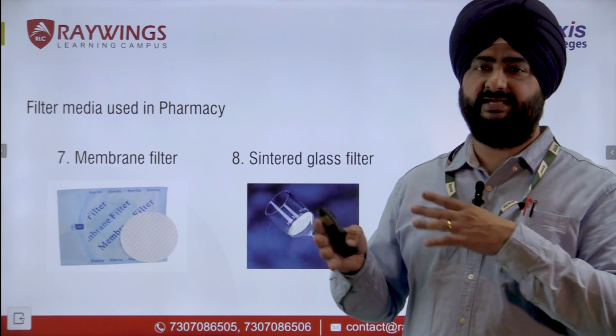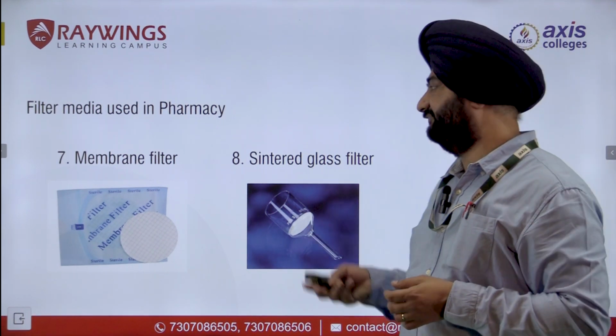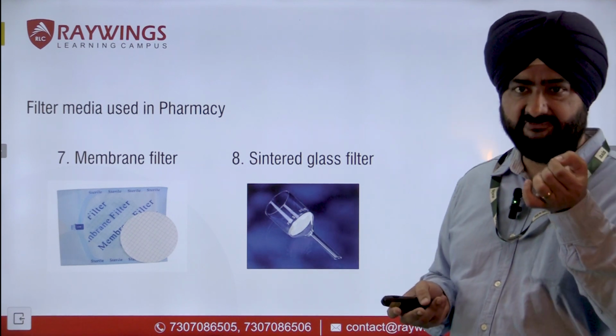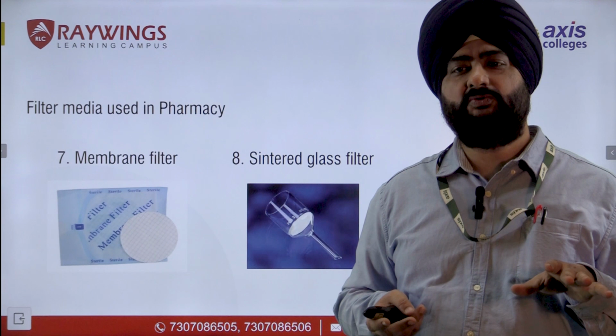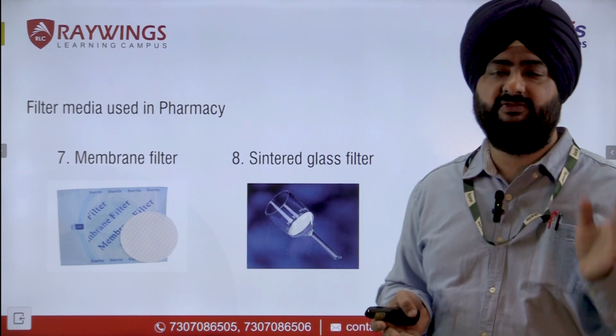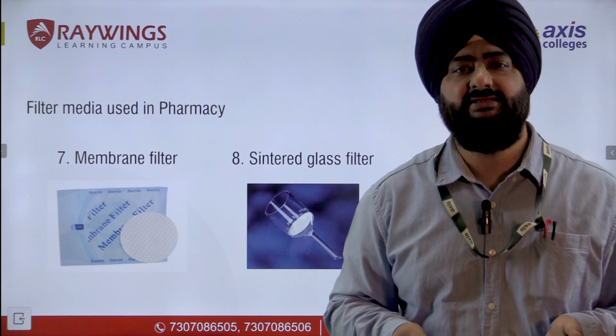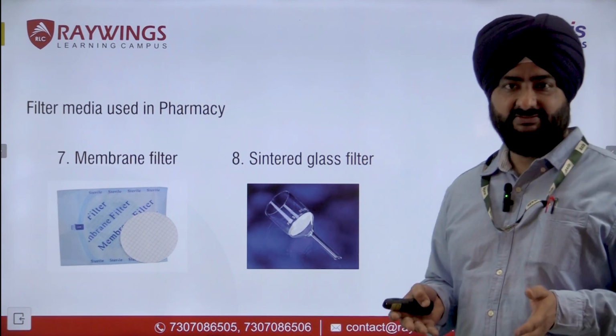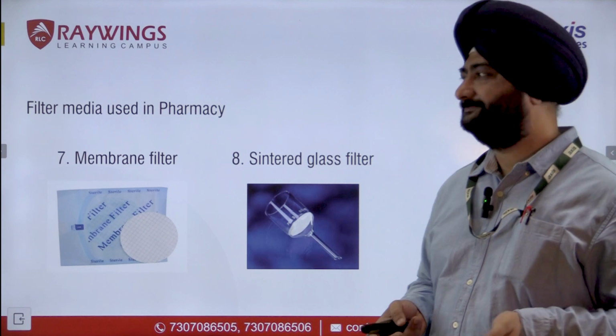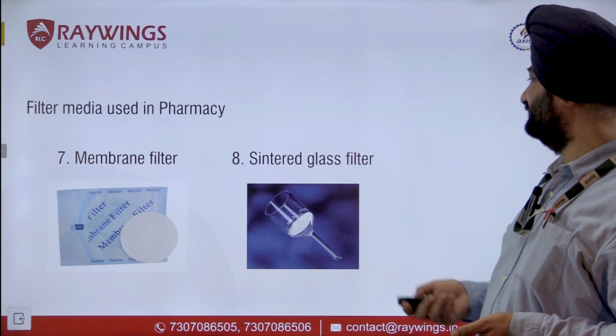To do that, we may use a membrane filter. The pores of membrane filters are smaller than the microorganisms, so we can easily separate all the microorganisms, and what we get in the filtrate is a sterilized clear filtrate.